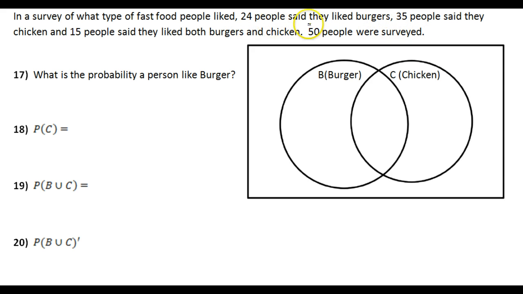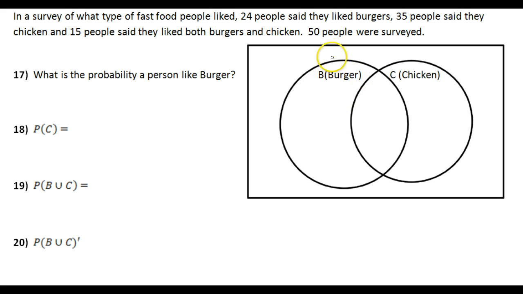When they say 24 people like burgers, they don't mean that 24 people only like burgers and not chicken. Okay, so including the people that like burgers and the people that like both. When we say 24 people like burgers, we're including both of those numbers.